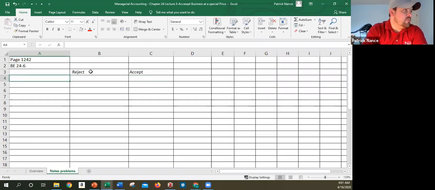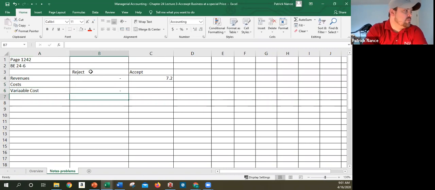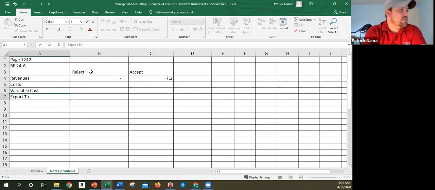And first of all, revenues. If we reject it, revenues are 0. If we accept it, revenues are $7.20. As far as costs go, or variable cost per unit, which is 0 if I reject it, my export tariff is also 0.